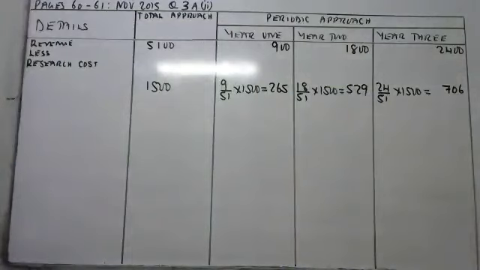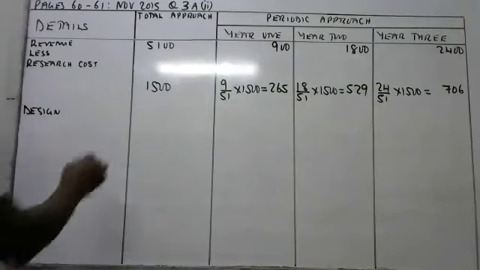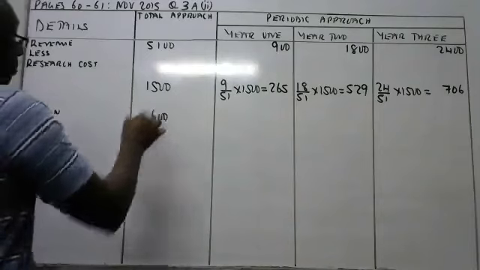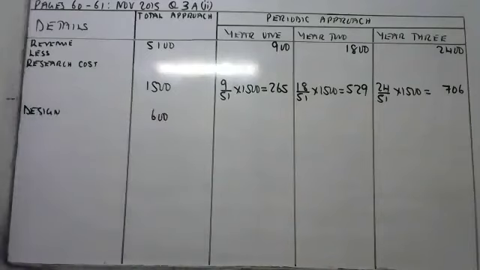Okay, the next one is design. First of all, design we have been given 600. Do you think design is beneficial in subsequent periods? Like how we did this one and divided. Do you think this design will help us in subsequent years? Yes.